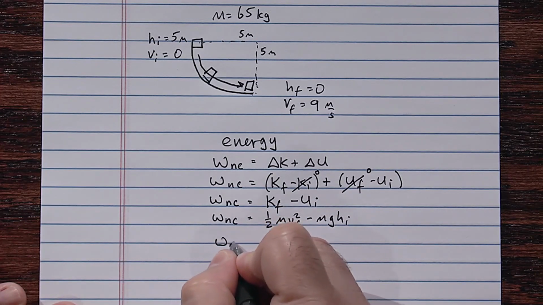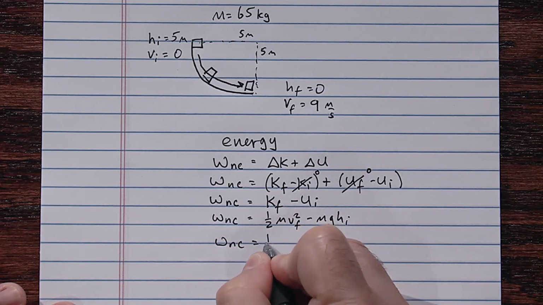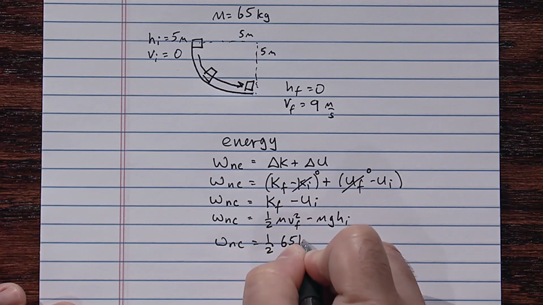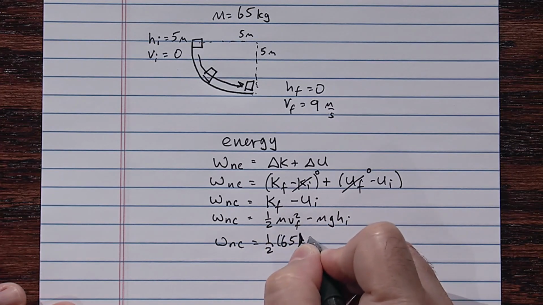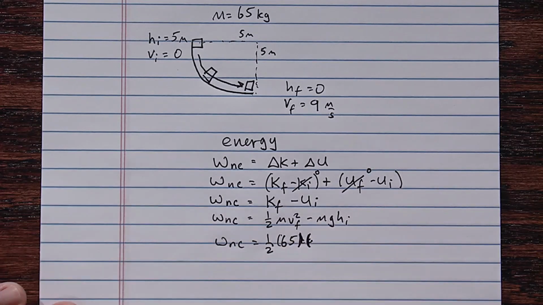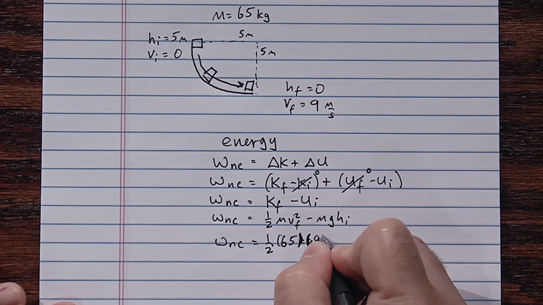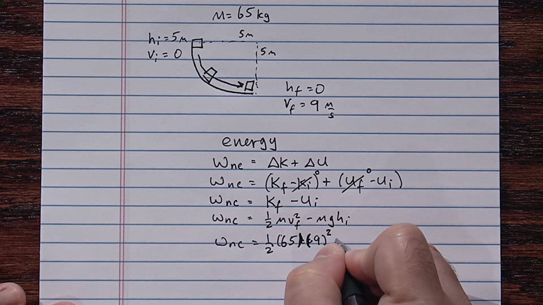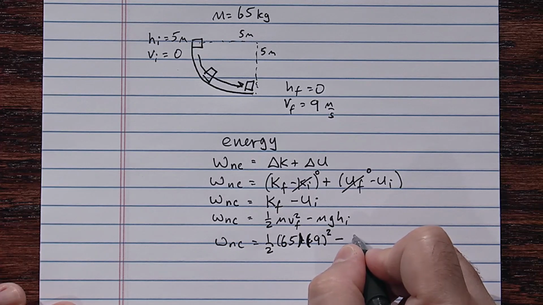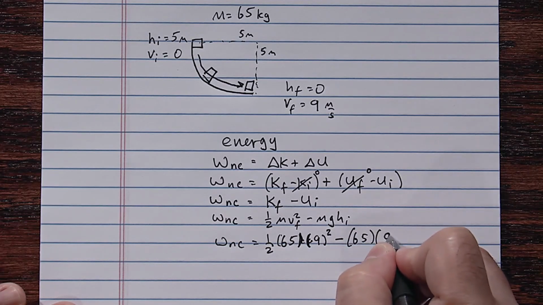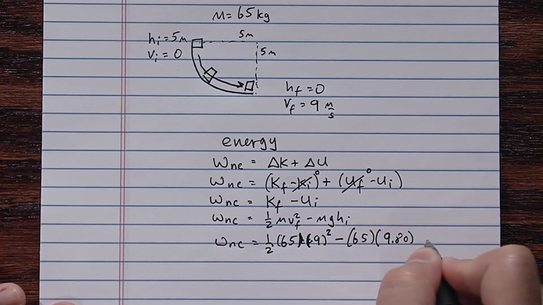So the work done by non-conservative forces is 1/2 of the mass of 65, times his final speed squared, and his final speed is 9 squared, minus his mass of 65 times g of 9.80 times his initial height of 5.